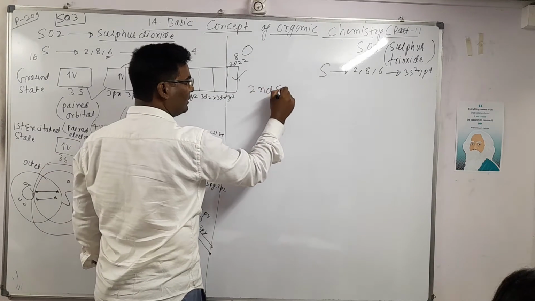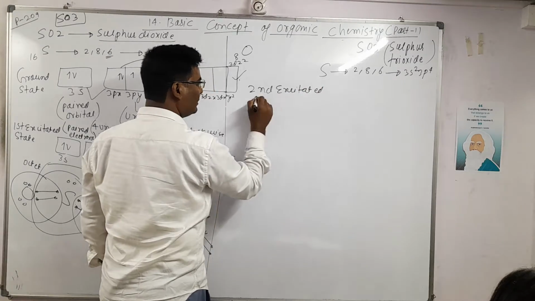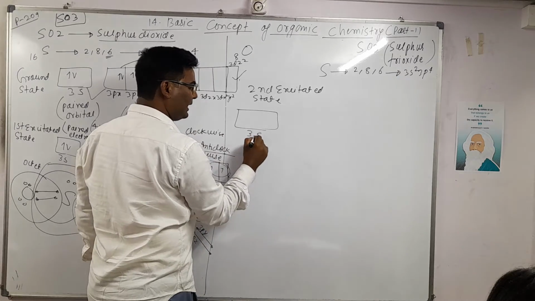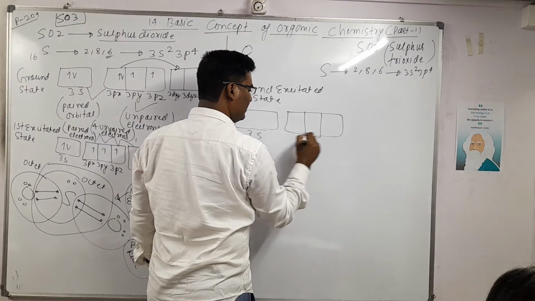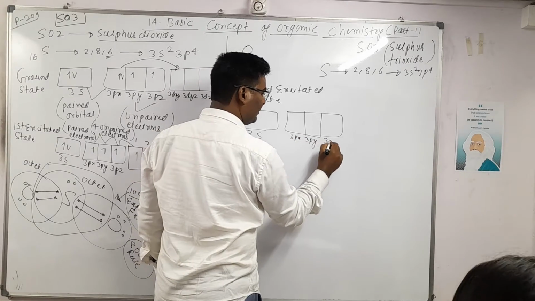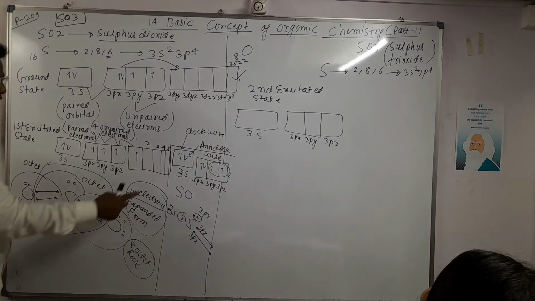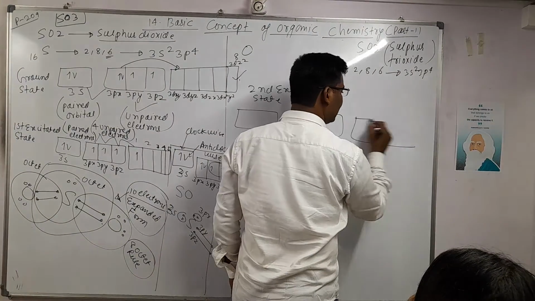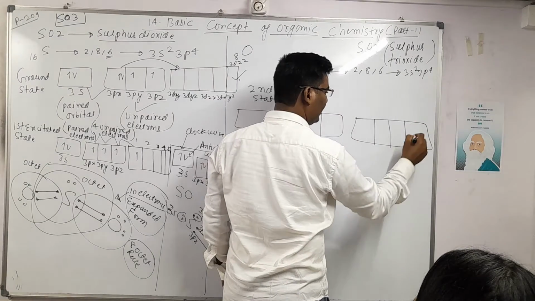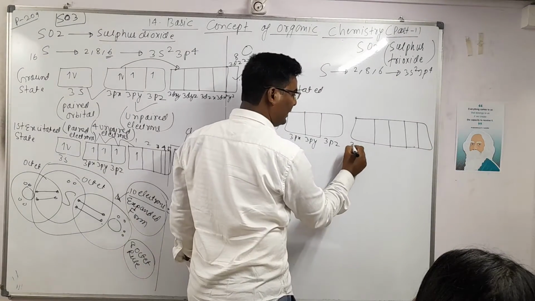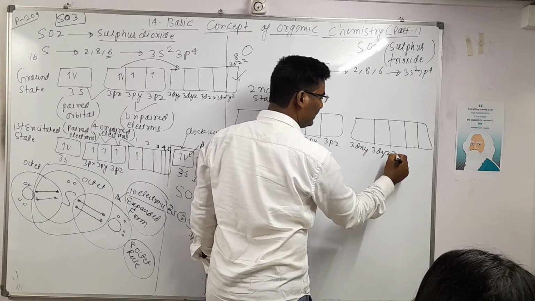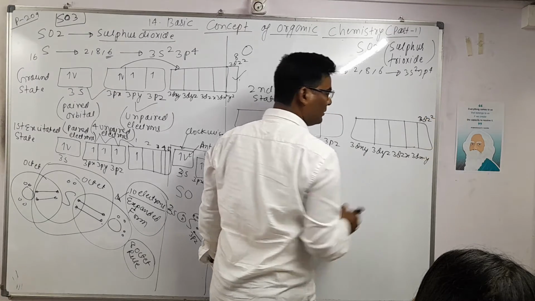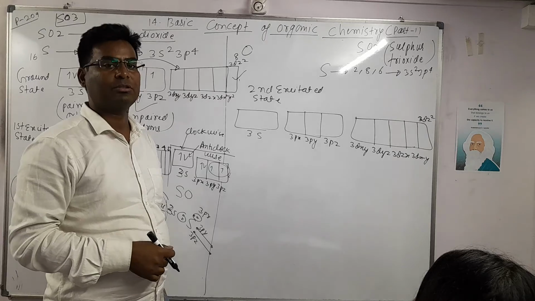So it can be written like this: second excited state. It will be 3s, 3px, 3py, 3pz, and the d orbitals, which will expand. These are the d orbitals, 5 of them, named 3dxy, 3dyz, 3dzx, 3dx2-y2, and 3dz2.